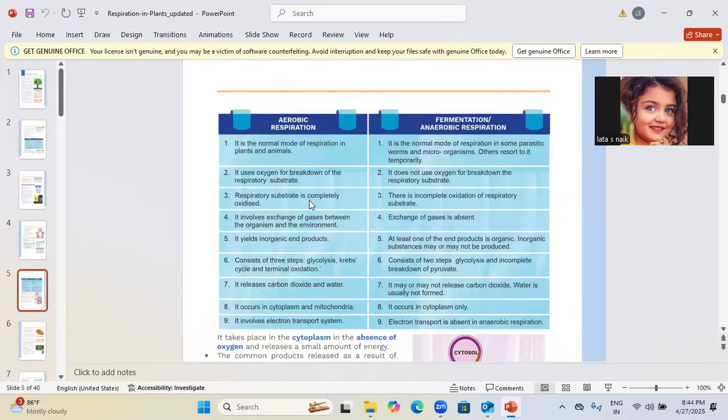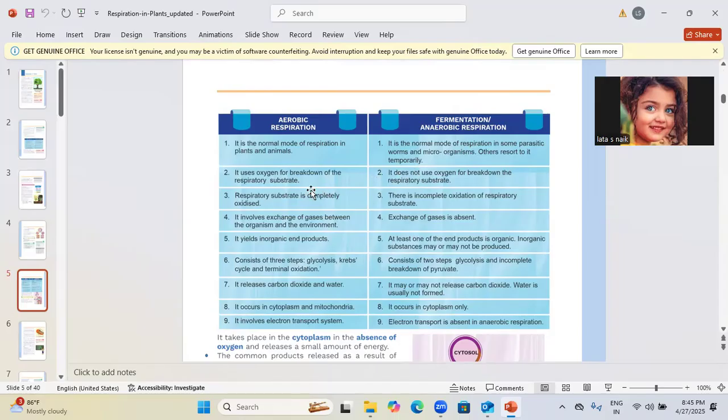So, what is the difference between aerobic respiration and anaerobic respiration, also called fermentation? Aerobic is the normal mode of respiration in plants and animals, whereas anaerobic is the normal mode of respiration in some parasitic worms and microorganisms; others resort to it temporarily.